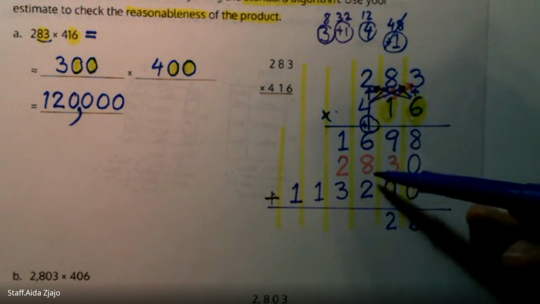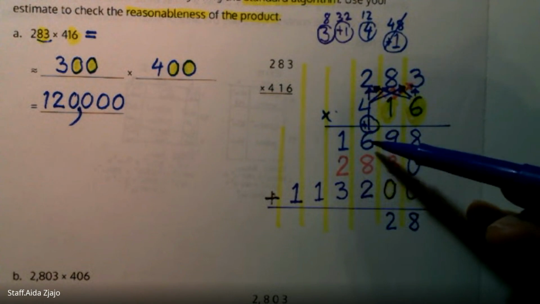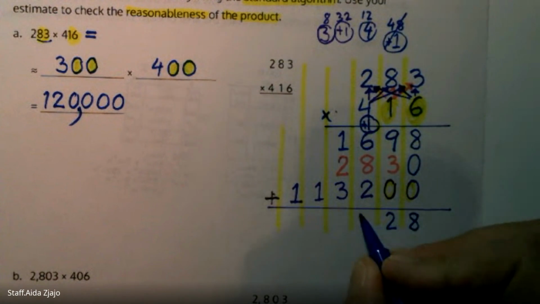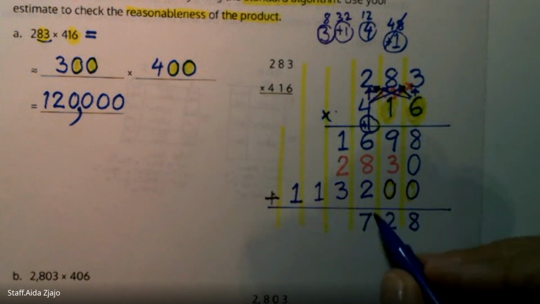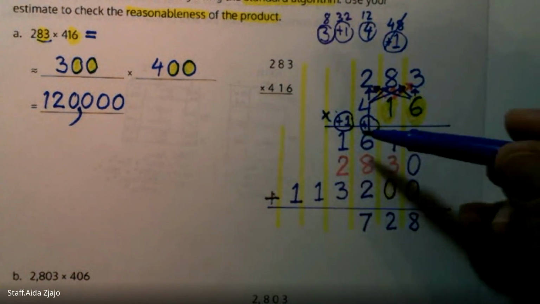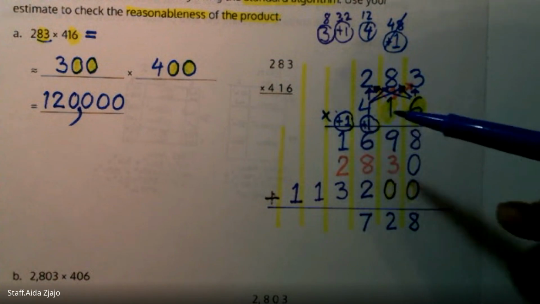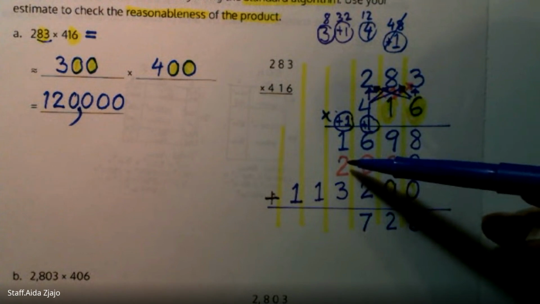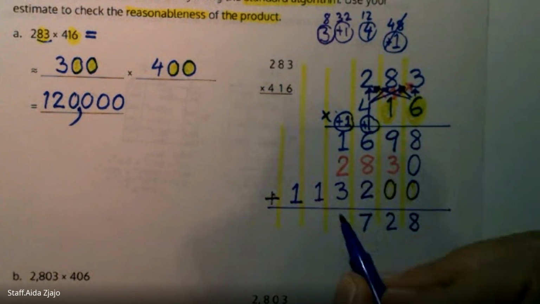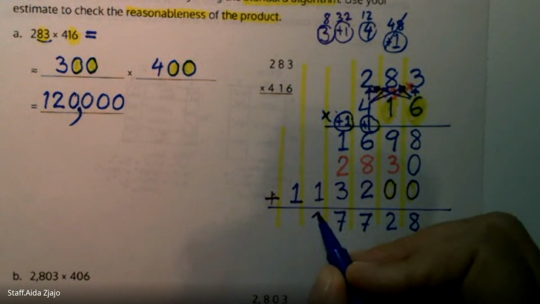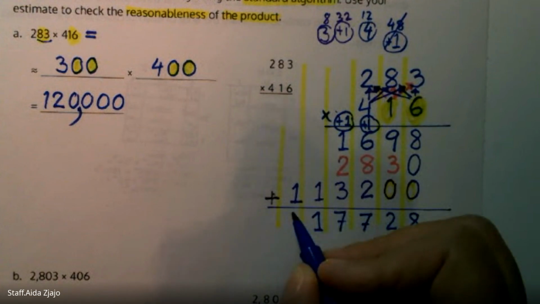So 6, 8 and 2 is 10, 16, 17. So this should be 17. I remember 1 more, or I created 1,000 more. So 1 plus 1 is 2, 4. 4 and 3 is 7. And then 1 and 1.